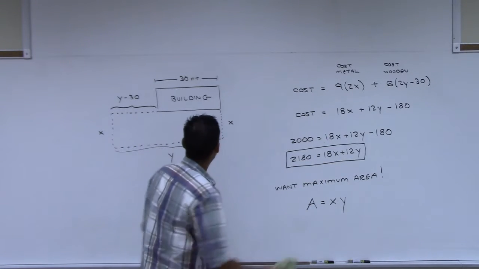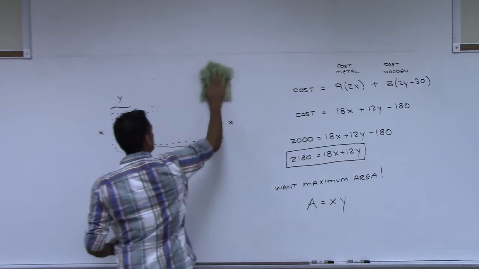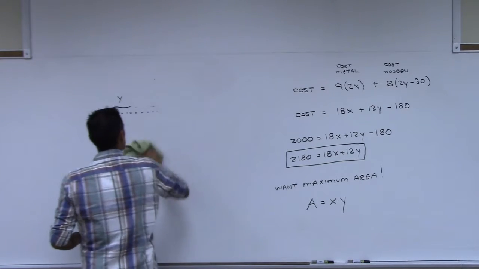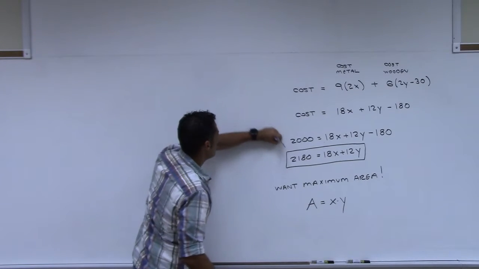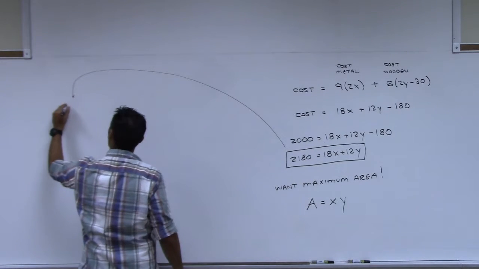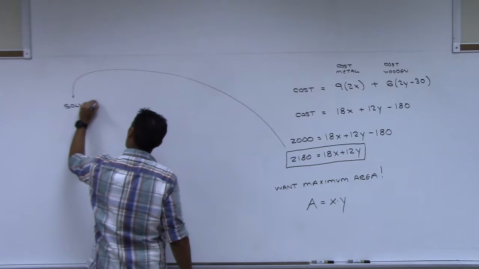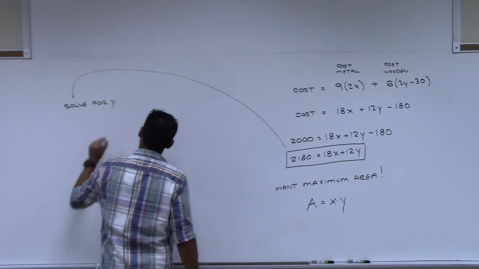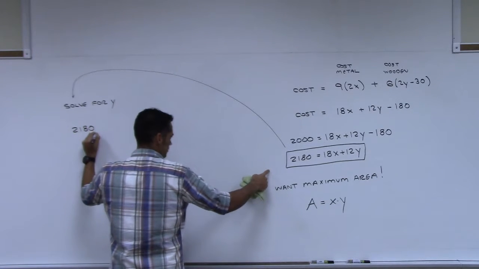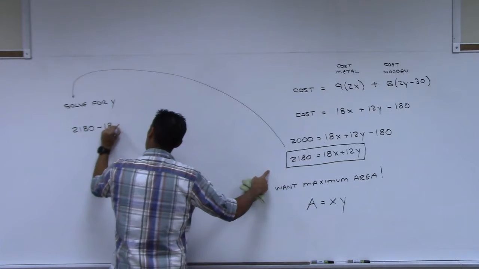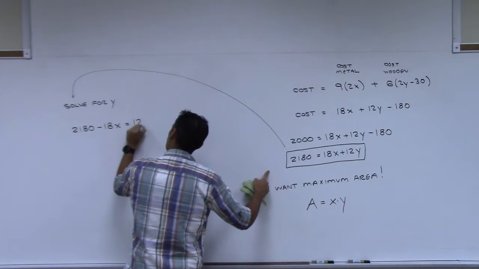So everyone, I'm going to erase the picture. We're going to take that cost equation right here and let's solve it for y. So if I solve that for y, I'm going to get 2180 minus 18x equals 12y.